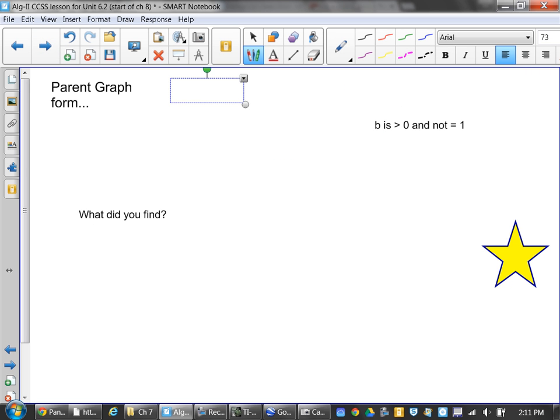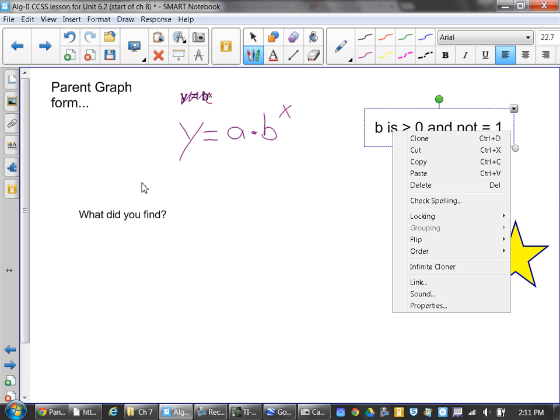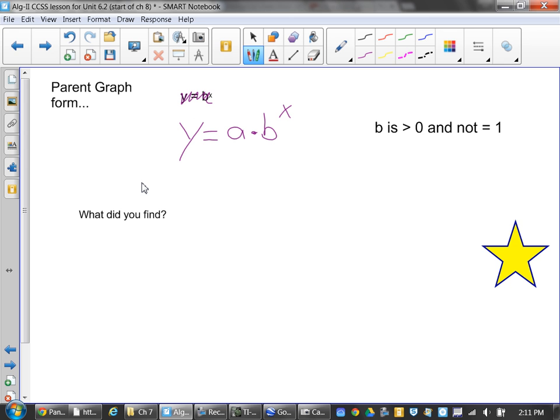Let me rewrite this. We're dealing with our parent functions. We have it as y equals a times b to the x. There's a couple of rules we're going to look at. For exponential growth, this is our growth rule. B is always greater than 0 and not equal to 1.